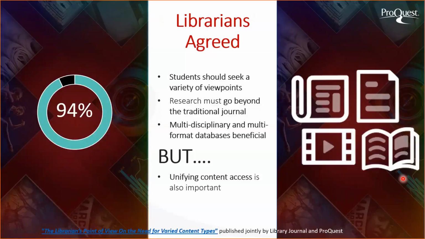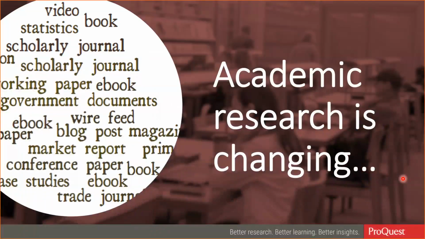Okay, now we also asked the library team, is it essential to have content beyond the traditional journals? Yes, 94% of them agreed, and also agreed that unifying content access through one single platform is important. So we know that academic research is changing right now.